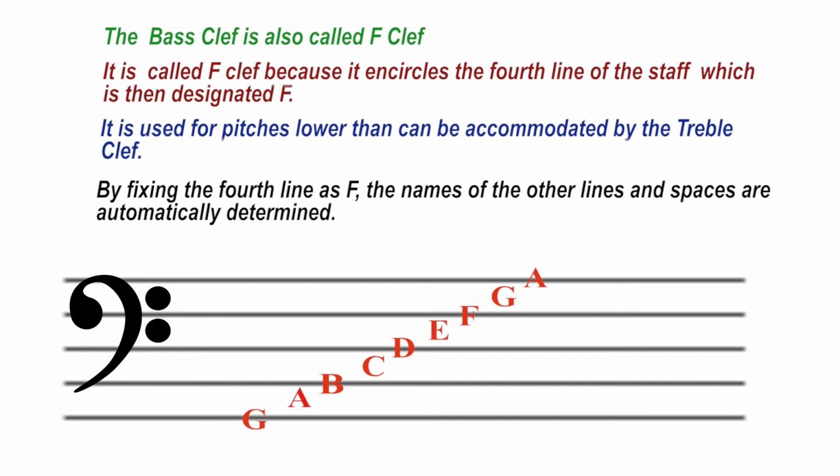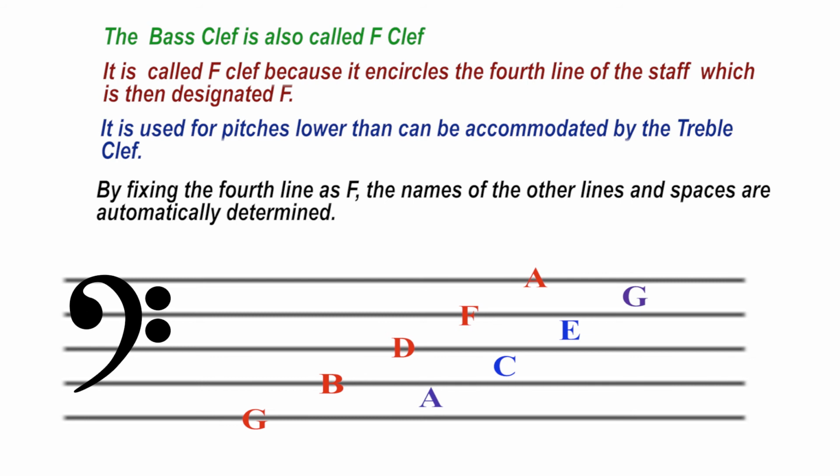As in the case of the treble clef, the lines and spaces can be learned separately. G, B, D, F, A for the lines, and A, C, E, G for the spaces.